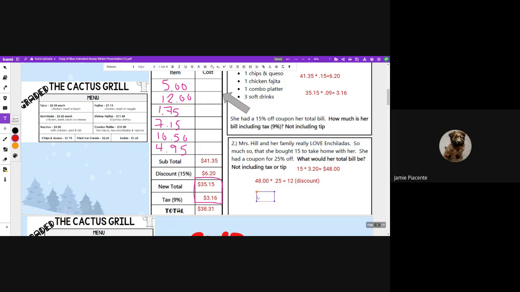If it's a discount, are you adding money to your bill or are you subtracting? Discounts good or bad? Discounts are good, so we take money away. So 48 minus 12 equals $36. So our total bill would be $36. That's without the tax and tip, but the question just asked, what would that discount be? You'll see questions similar to this on your graded sheet.